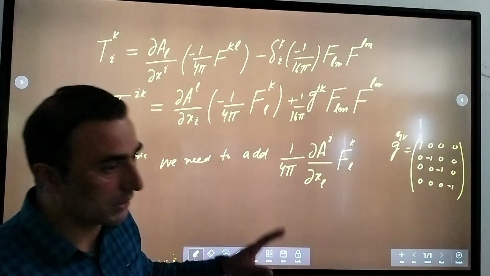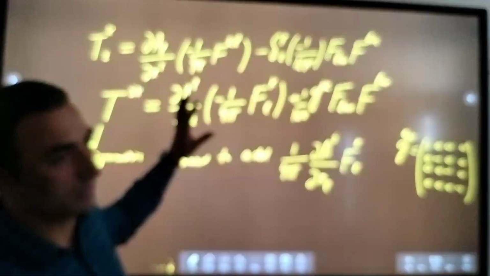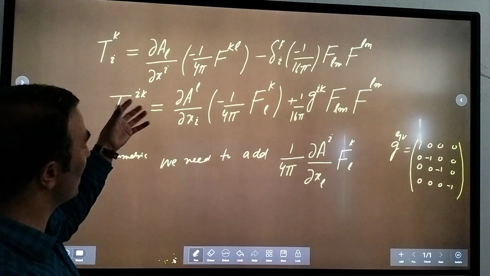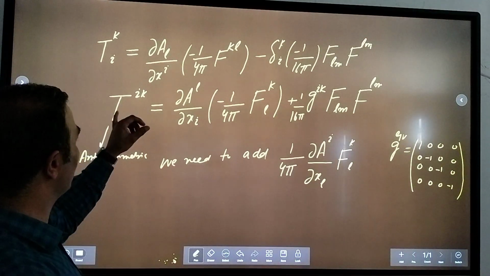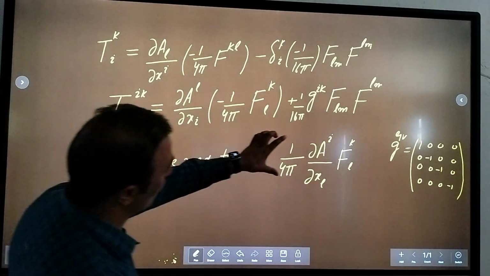Because under transformation, when you change this I to k, then this will be minus. When we make it symmetric, this will be the same. So by changing the indices, t of ik will be equal to t ki, right? So in order to make this symmetric, we need to add this term.